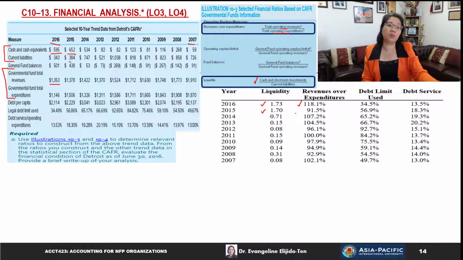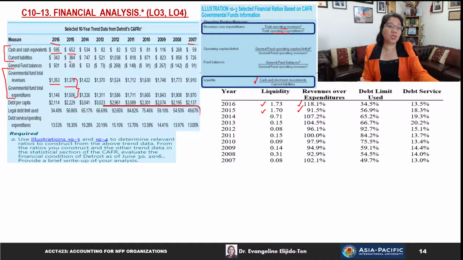Just multiply it by 100. For 2015, we'll do the same: 1,378 divided by 1,506. So we'll get a revenue over expenditure ratio of 91.5%. We'll do the same for the rest of the other years.